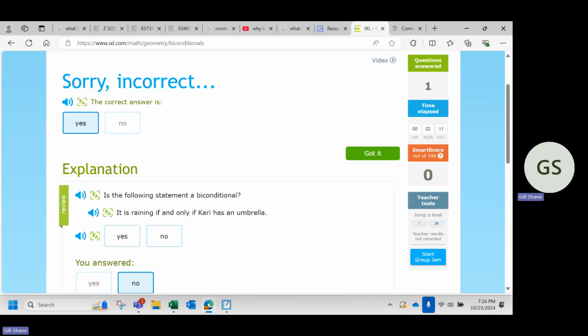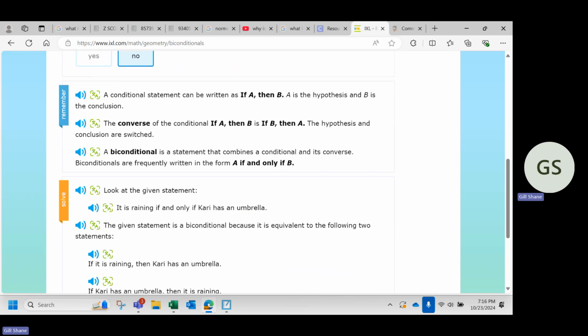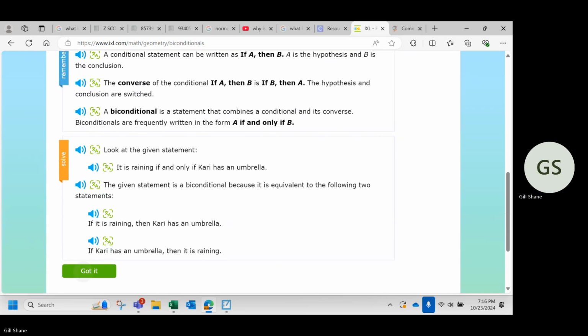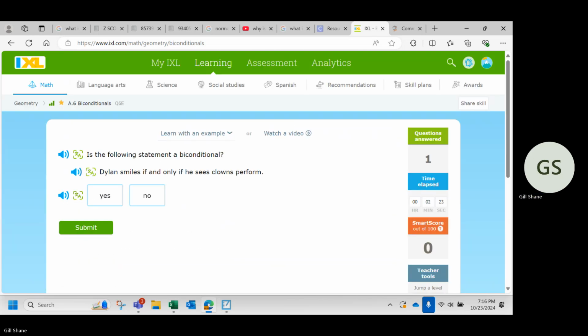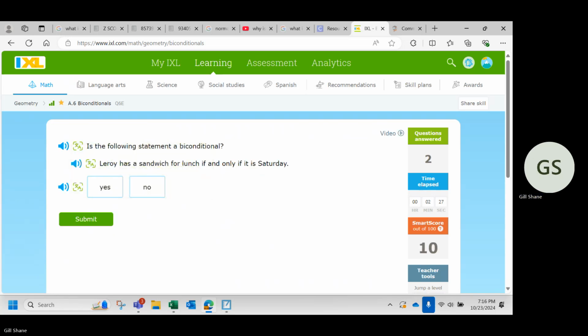I guess I have to get some. Oh no, I can jump levels. Actually, I don't know if I can jump levels though. Let's just take a guess at that and say, yes.